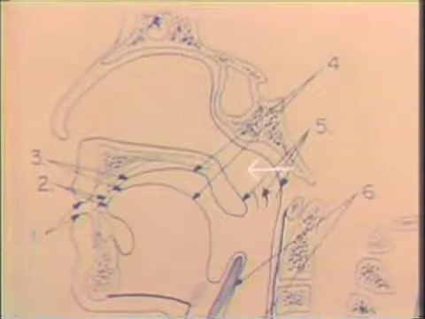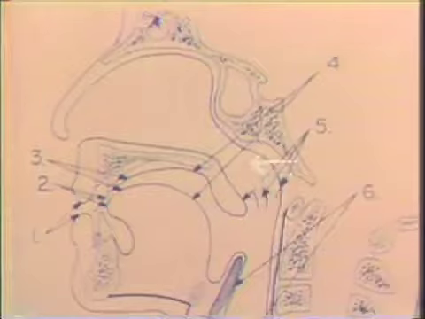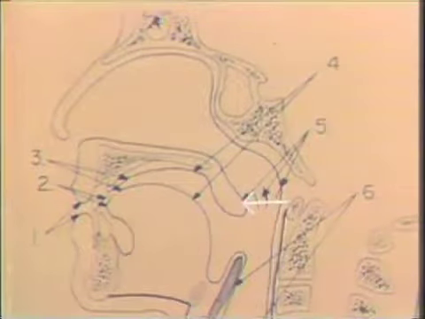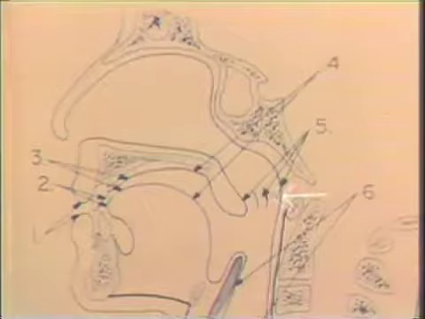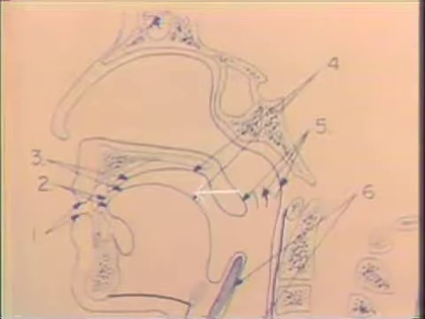Here in the nasopharynx, we can see that it is separated from the oropharynx by valve 5, which is made up anteriorly of the soft palate, the lateral pharyngeal wall, and the posterior pharyngeal wall. Anteriorly, valve 4 is made up of the tongue and the surface of the hard palate.